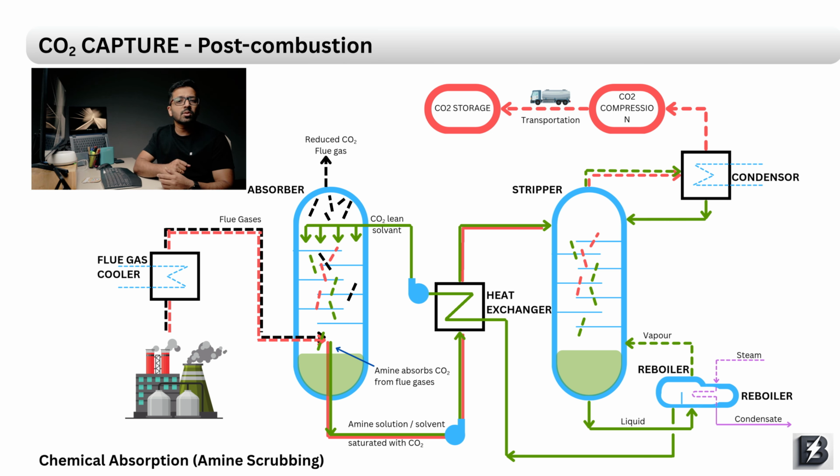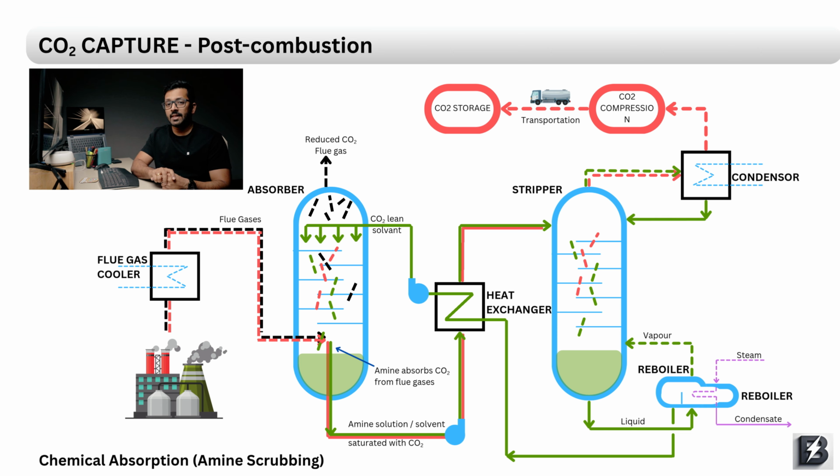Finally, let's look at the most widely deployed approach today: post-combustion capture. Post-combustion capture treats the exhaust gases after fuel has already been burned. The flue gas is cooled and passed through a liquid solvent, usually an amine. CO2 reacts chemically with the solvent and is absorbed.